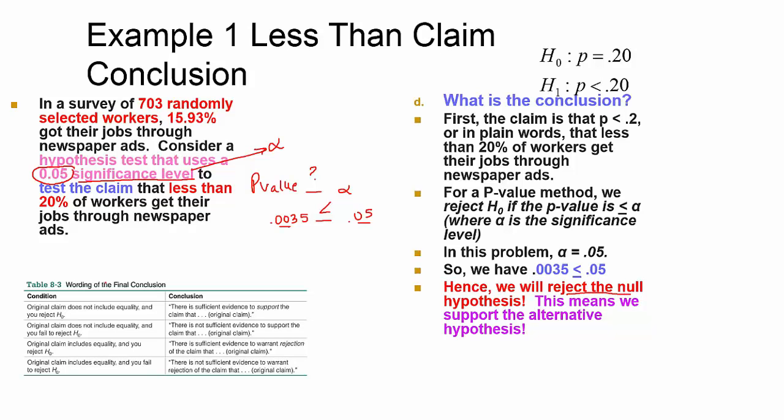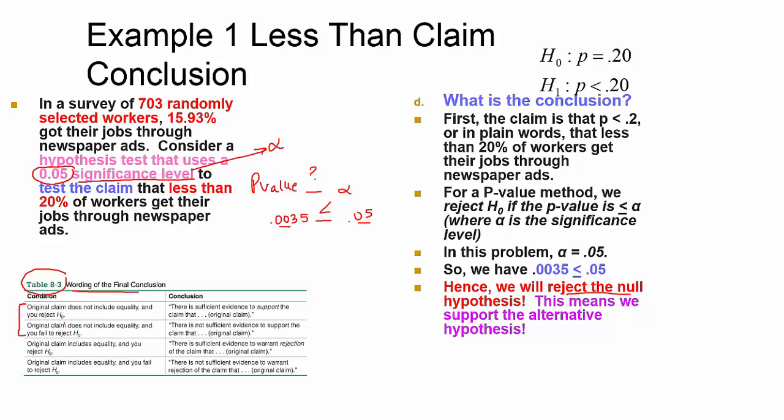So I have a table here that helps me determine the wording of the final conclusion. Reject the null is not the conclusion. You have to form a conclusion using the words below, and you have to reference the original claim when you do this. So if we reject the null, I'm going to come over here, and first we have to figure out, the first two say, does the original claim not include equality?